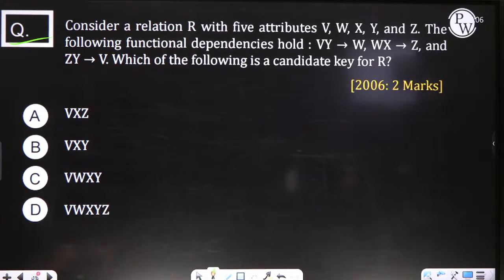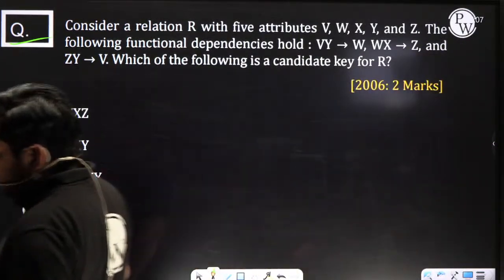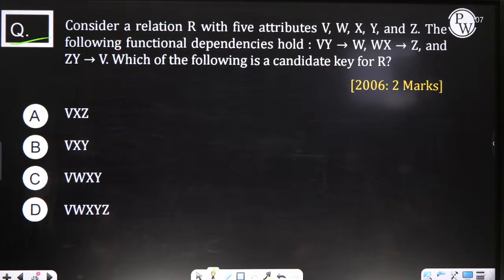So let me know whether you are really enjoying or not. Jaideep, Sham, Deep, Komal, everyone, let me know please. You can write in the comment box also.